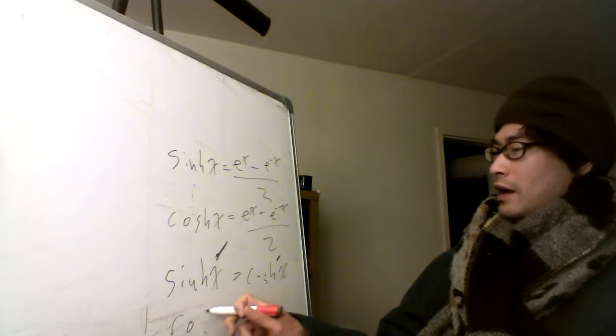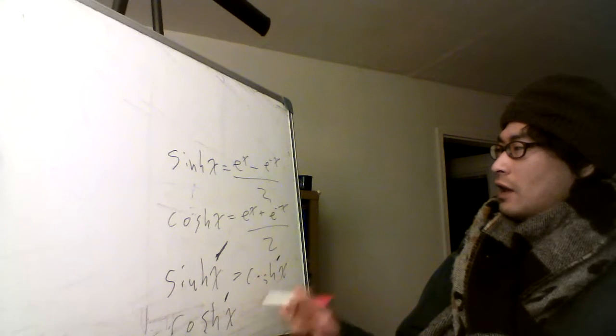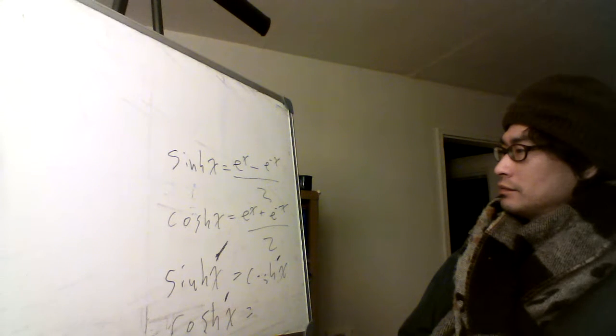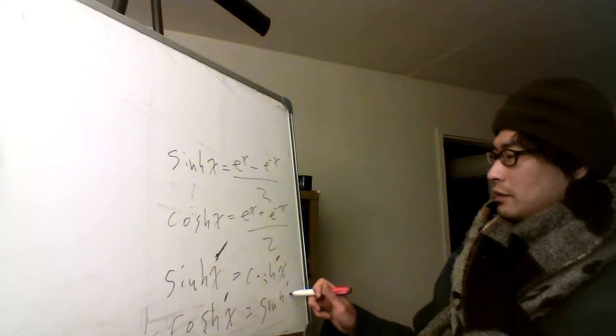And cosine hyperbolic x differentiated is equal to what? Sine hyperbolic x.